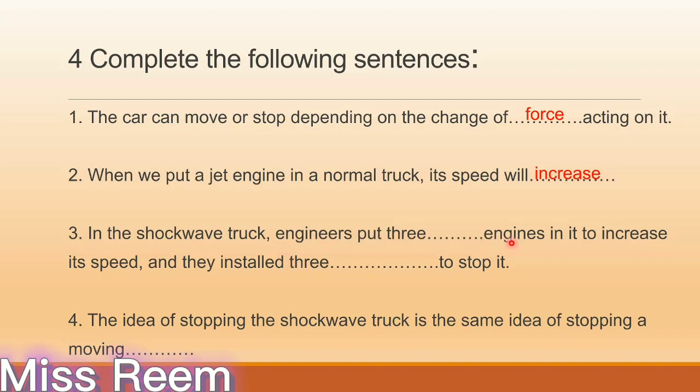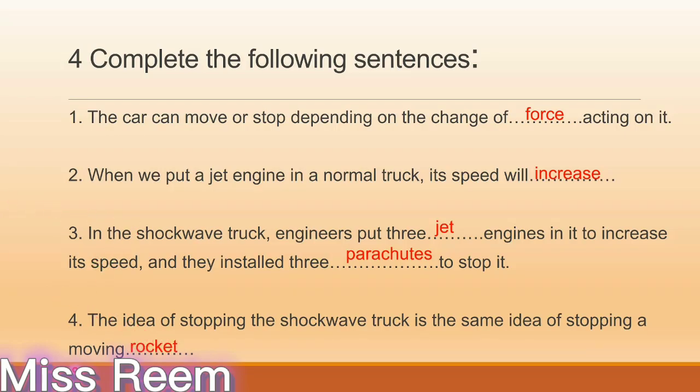So they put 3 jet engines in it to increase its speed, and they installed 3 parachutes to stop it or slow down its speed. The idea of stopping the shockwave truck is the same idea of stopping a moving rocket. Marvelous!